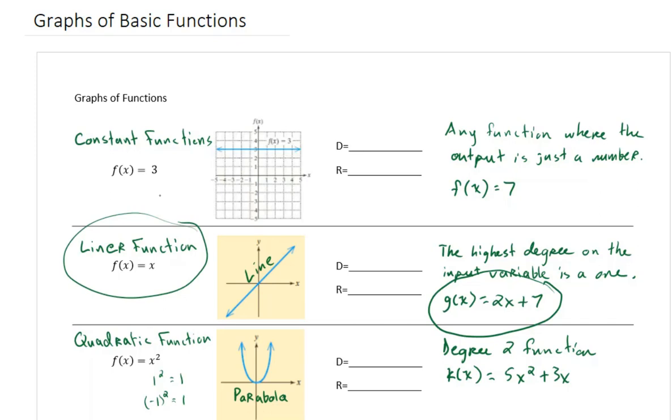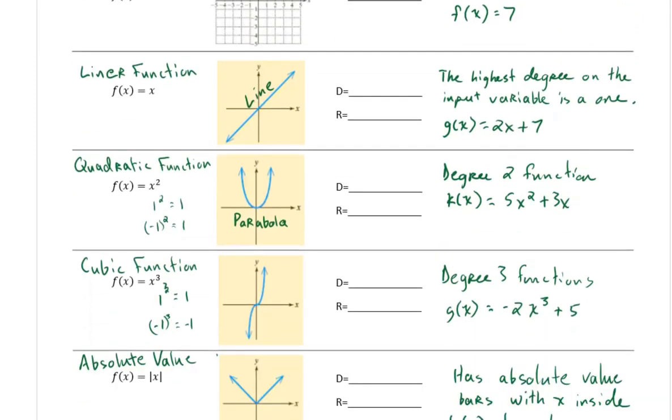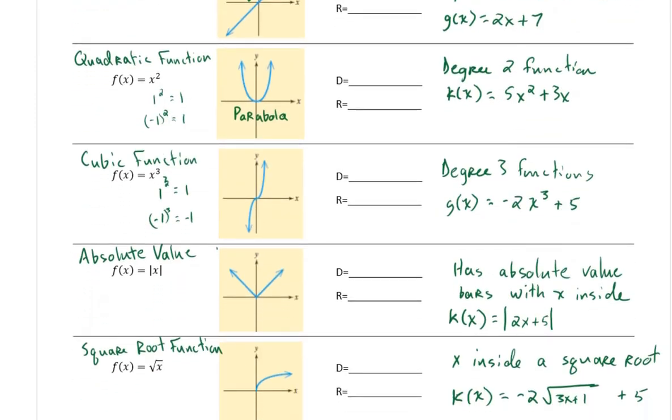So I want you to know the name of the function classification, and if I give you any of the variations, you'll know that it goes in that classification. Not even necessarily this, but if I give you any function that has an absolute value of x, you're going to know, hey, that's an absolute value function, and its graph is going to look like a v. So I want you to be able to correspond those three different types of things.